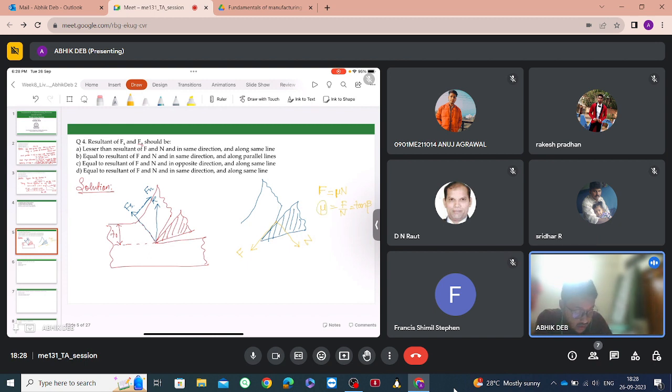Mu is the coefficient of friction, and beta is the friction angle.